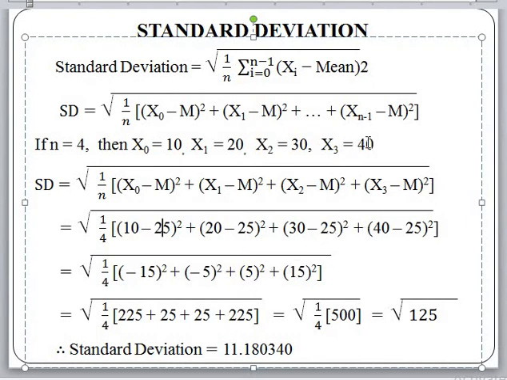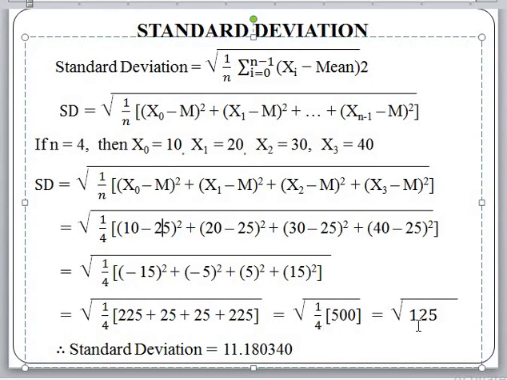The fourth term is 40, and 40 minus 25 whole square is 15 whole square. So minus 15 whole square is 225, minus 5 whole square is 25, 5 whole square is 25, and 15 square is 225. When we add all these terms, we get 500 into 1 by 4.